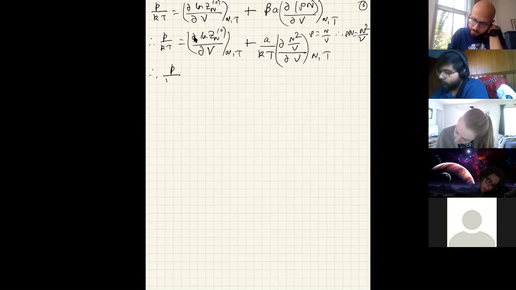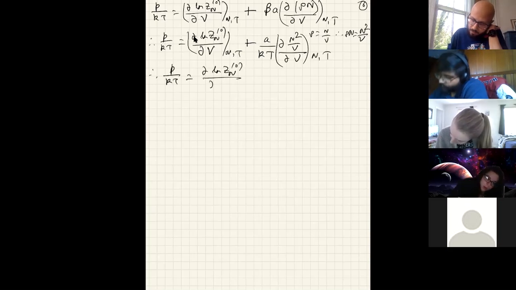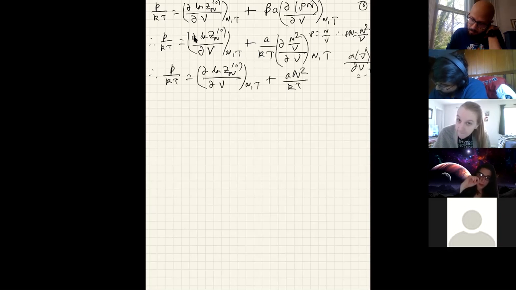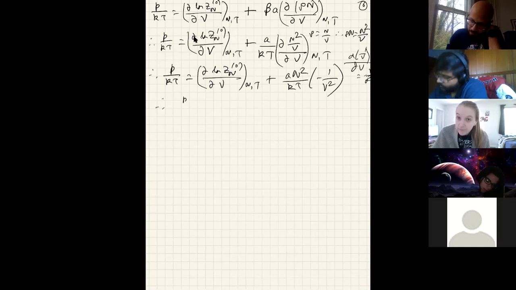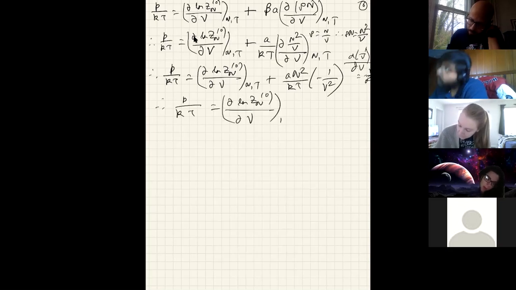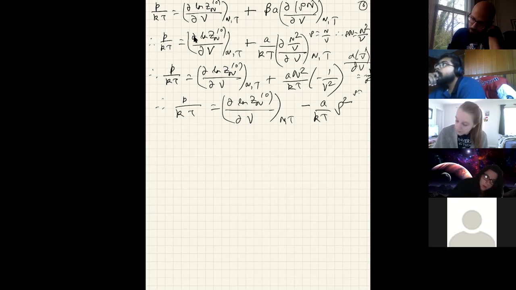Therefore, P by kT is equal to partial ln Zn naught by partial V at constant N, T. N square comes out, that becomes A N square by kT, and you are left with d of 1 over V by dV, that is minus 1 over V square. Therefore, P by kT is equal to partial ln Zn naught by partial volume at constant N, T minus A by kT, and N square by V square is rho square, since rho is equal to N by V.